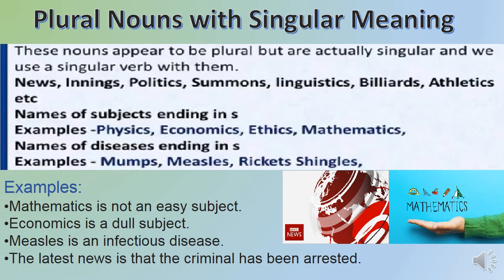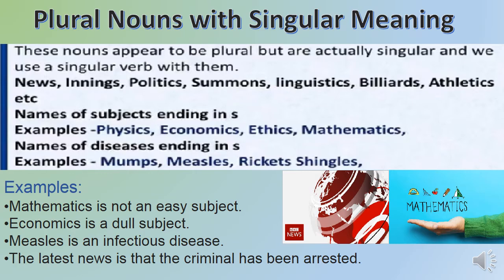Next, we have plural nouns with singular meaning. These nouns appear to be plural but are actually singular, and we use a singular verb with them. So here they all end with S. You can see news, innings, politics, summons, linguistics, billiards, athletics, etc. Though they appear to be plural, they actually have a singular meaning, which means only one.